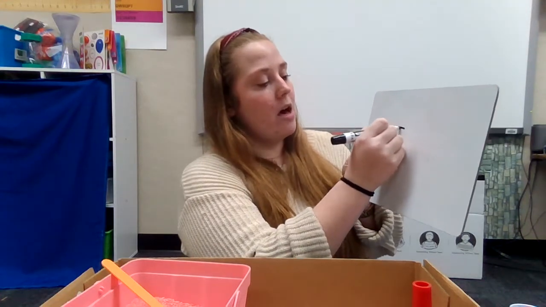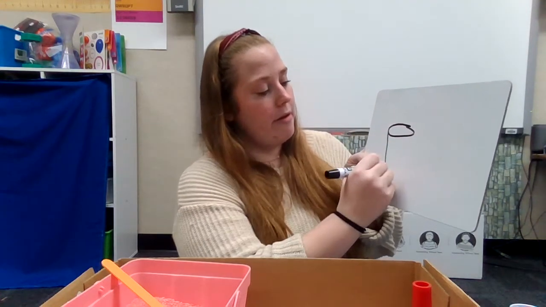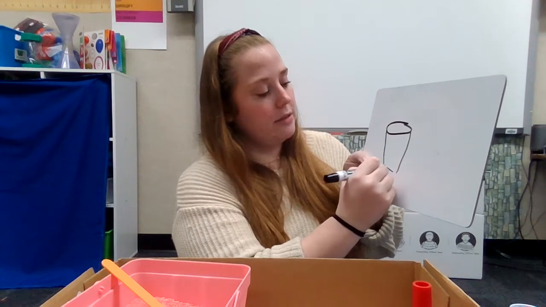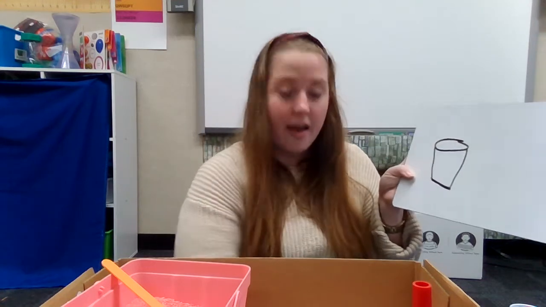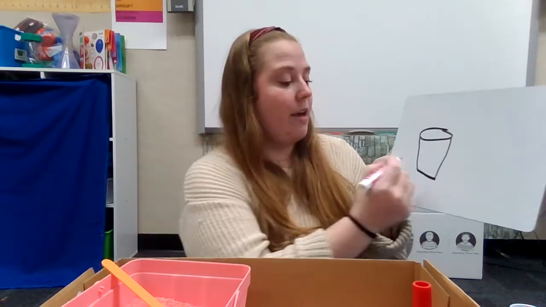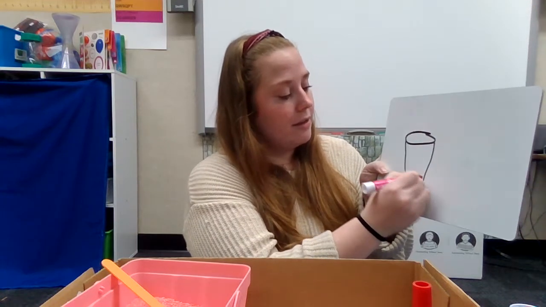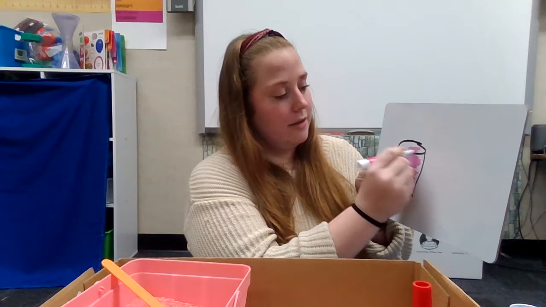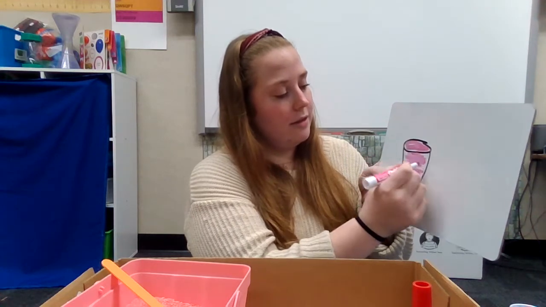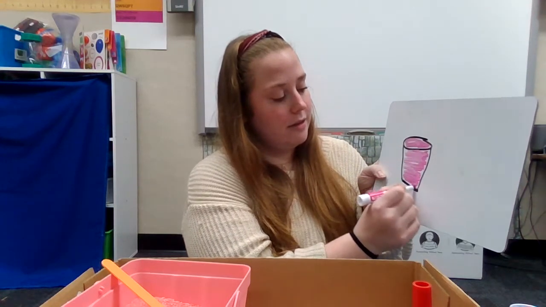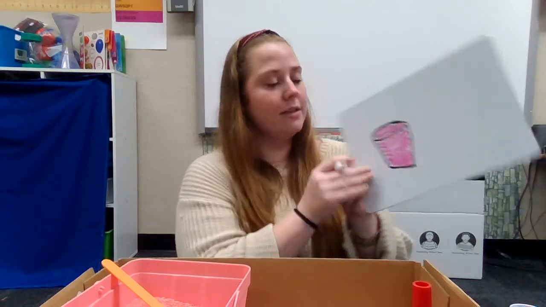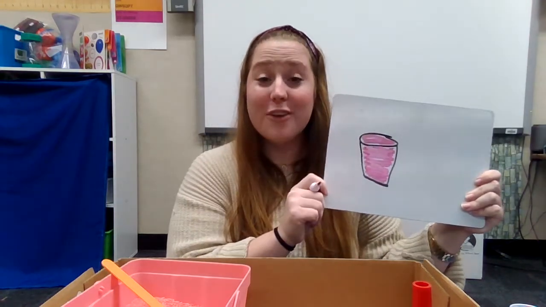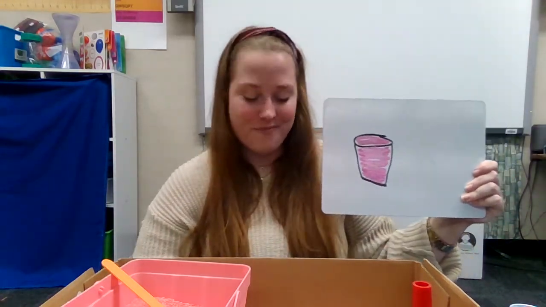I'm going to draw my cup, kind of like this, and then fill it all the way with rice. All right. Here is my cup filled up to the very, very top.